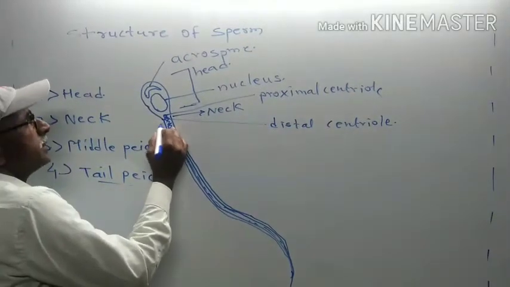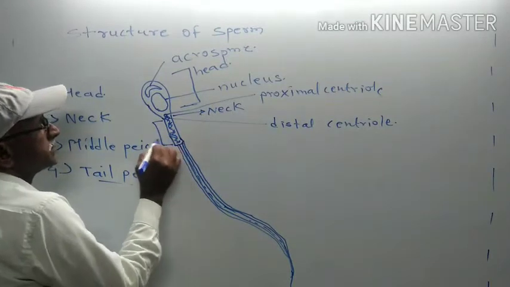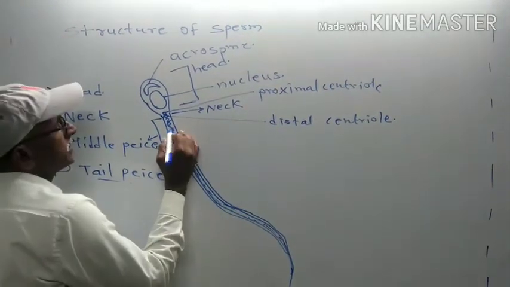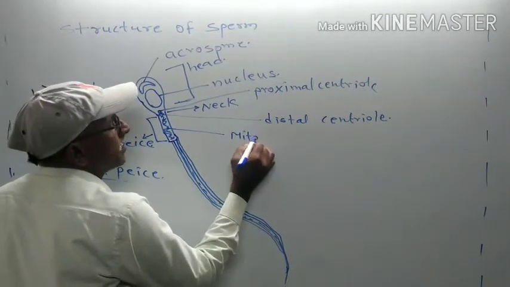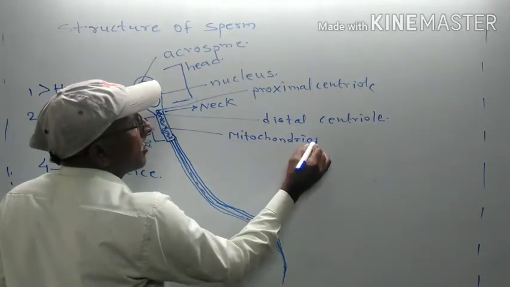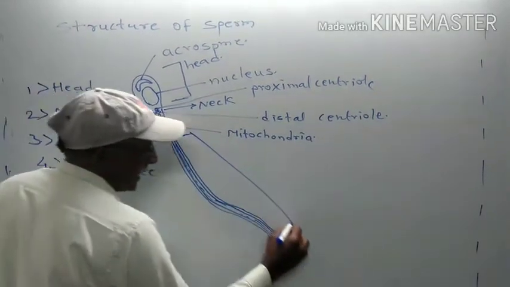Then this is the middle piece here. In the middle piece there is the presence of spiral mitochondria. And from here it is the tail region.